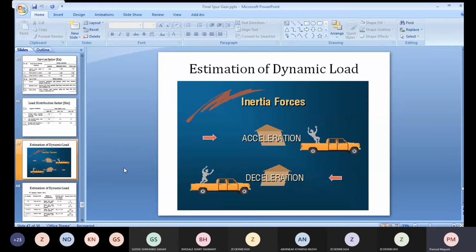Second point, as we know, the inertia is a resistance of any physical object to any change in its state of motion, which includes speed and direction.